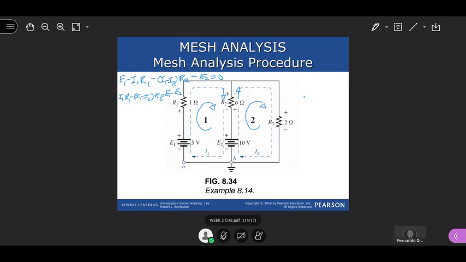Now I will substitute all these numbers. I1, I don't know what it is. It's unknown. I1 times R1, R1 is 1, so it's going to be just I1. I1 minus (I1 minus I2) times R2. R2 is equal to 6, going to be minus 6.